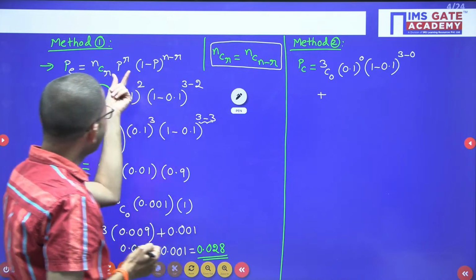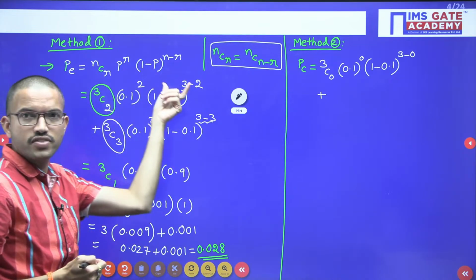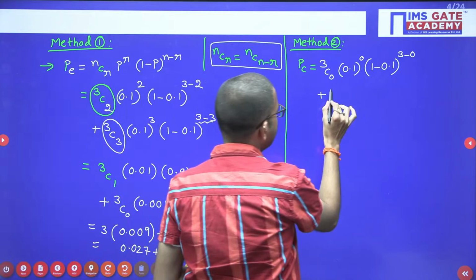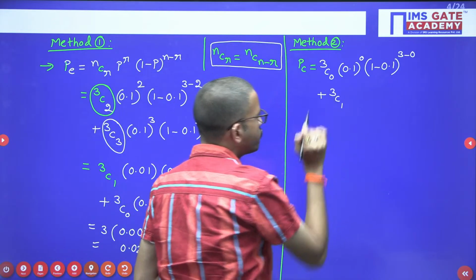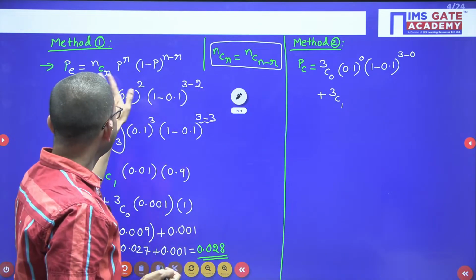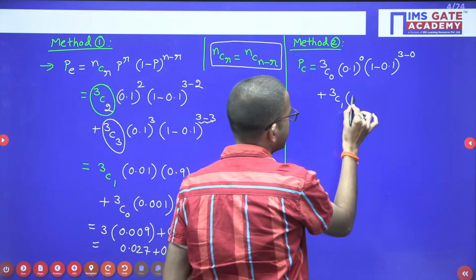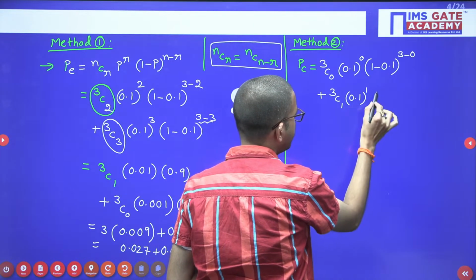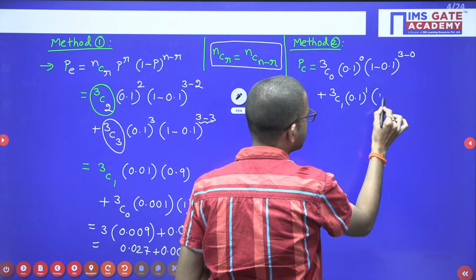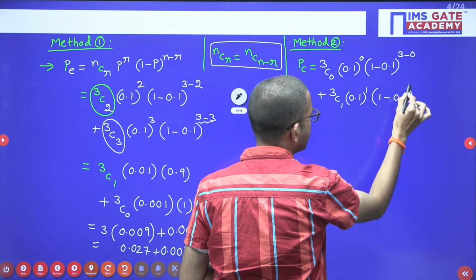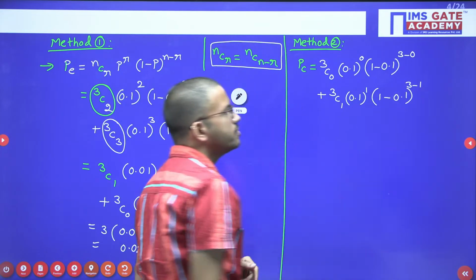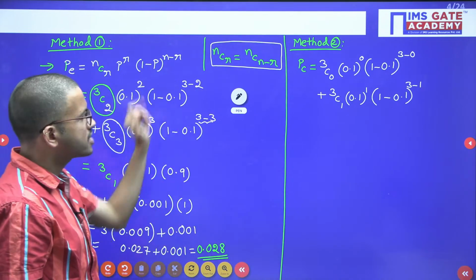Actually earlier I had written only one term, but I missed this one. Similarly, another combination, R value 1 we are considering: 3C1 into 0.1 whole power 1 into 1 minus 0.1 whole power n minus R, that is nothing but 3 minus 1, right.